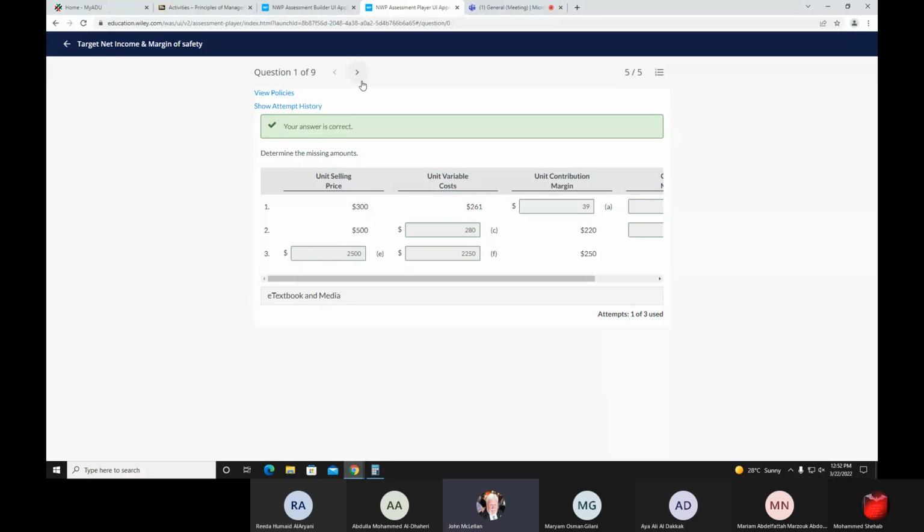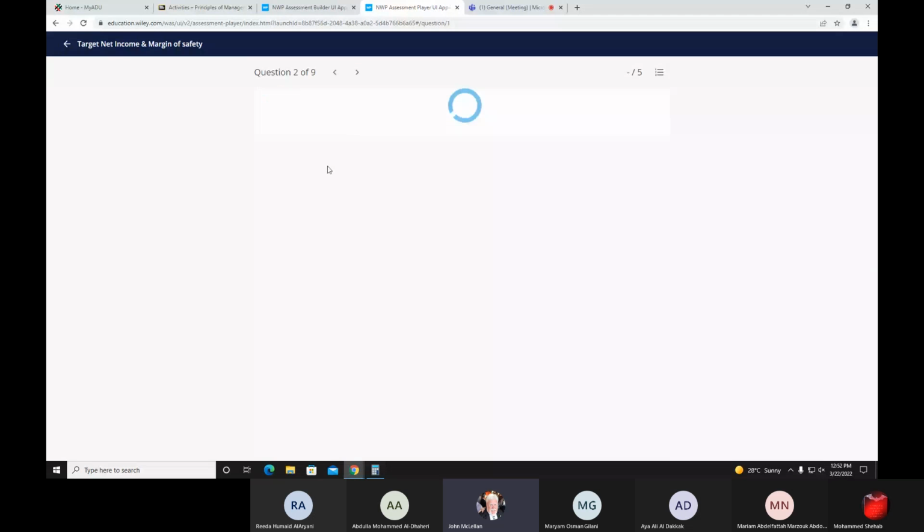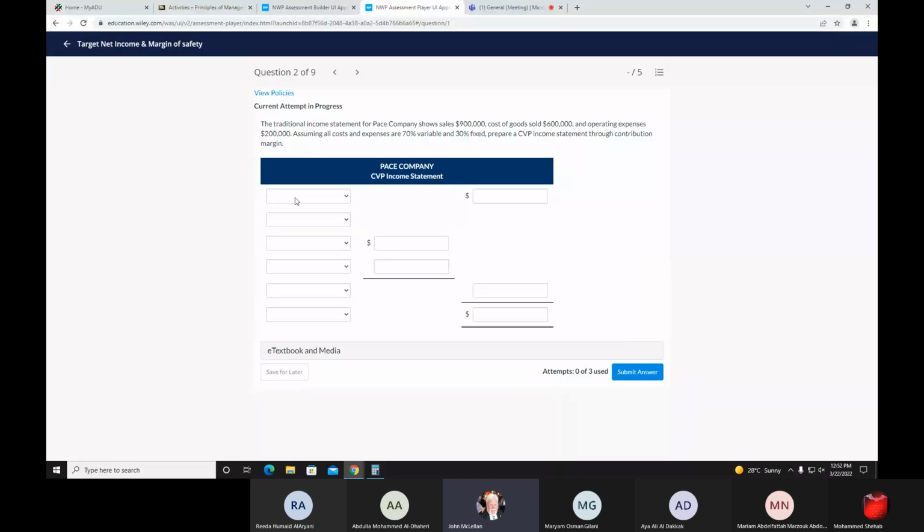The last one, you take the contribution margin per unit, you know it's a percentage of something. What did they tell you the percentage was? 30%? So you take the contribution margin and divide it by 0.3, 30%, to get the sales. That gives you the sales, and then you subtract and get the variable costs.